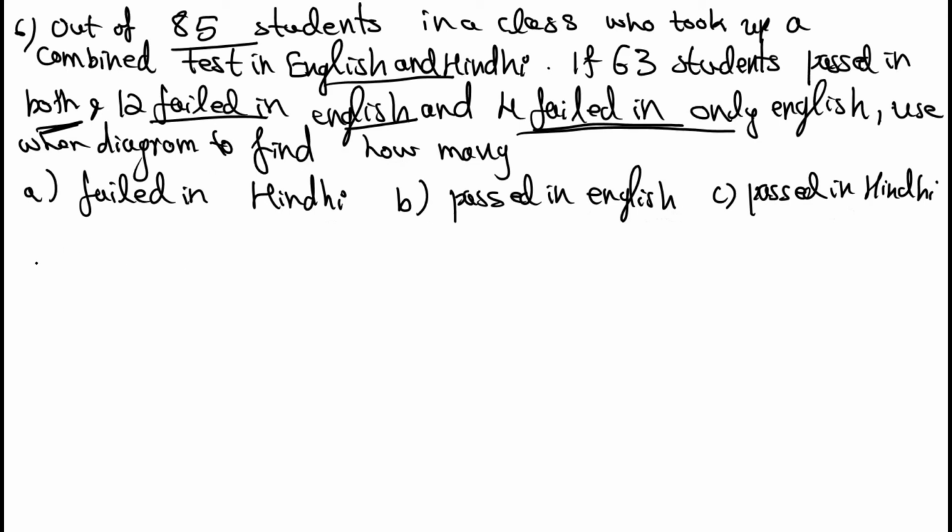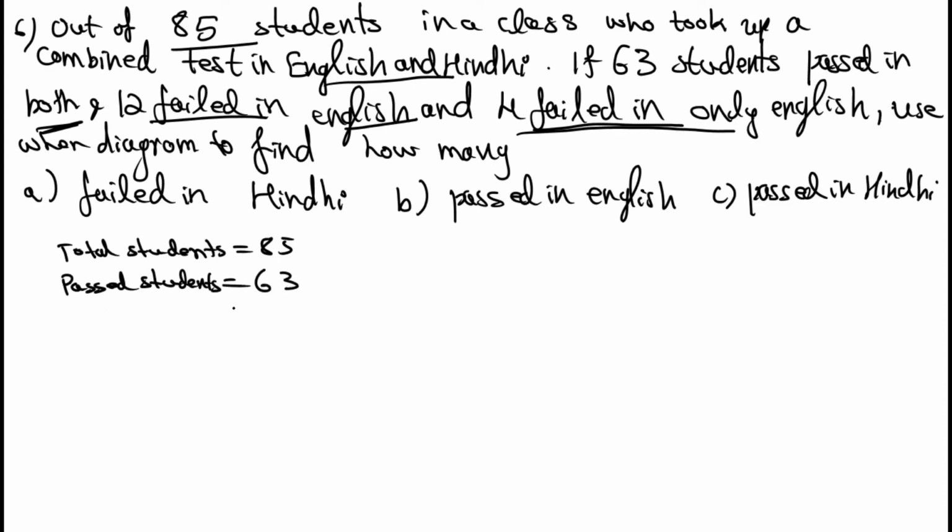Okay, see, total 85 students are given, right? Total students equal to 85. Then see, 63 students passed in both. That means passed students equal to 63.